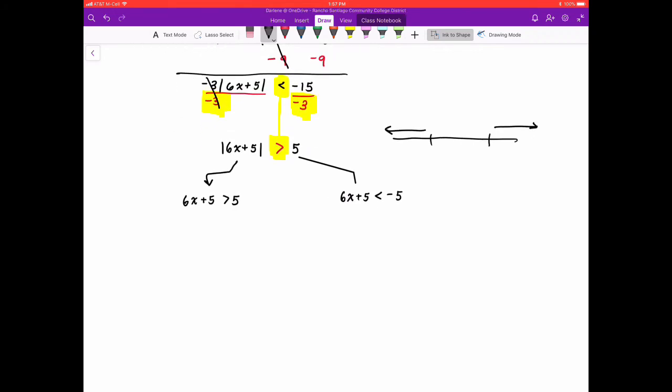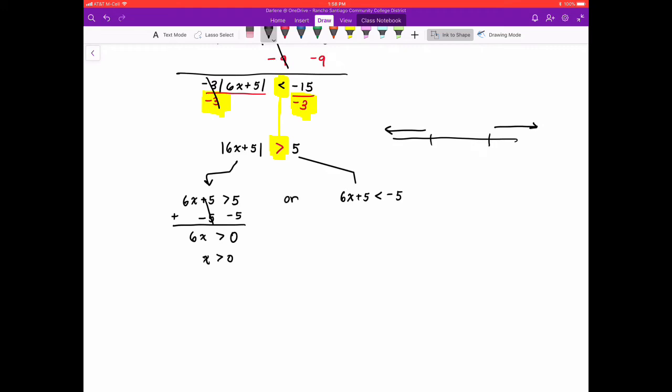All right, so let's go ahead and solve each one. These are just linear inequalities that we're used to. And then we get x is greater than 0.